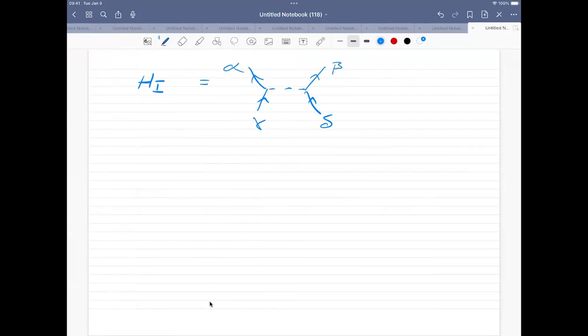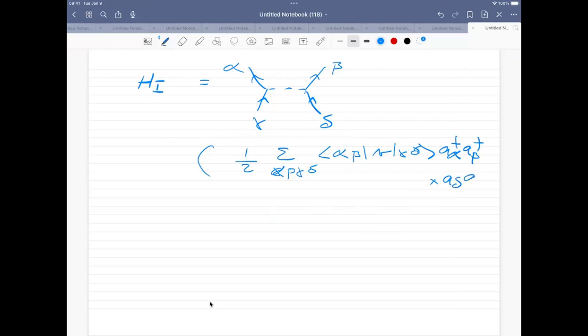But if you go back to the expression, this is now representing one half the sum over alpha, beta, gamma, delta, and then we have the integral alpha, beta, and V of gamma, delta, and then the creation and annihilation operators multiplied with A delta, A gamma.